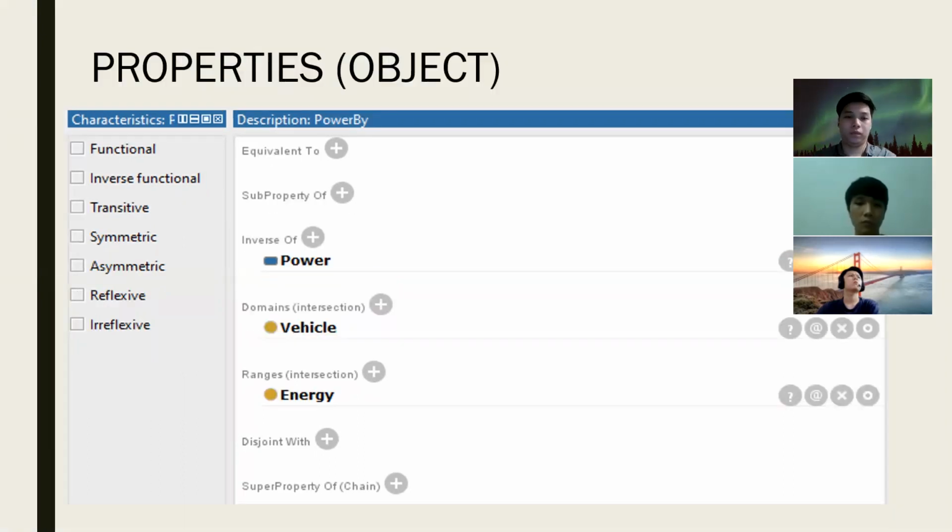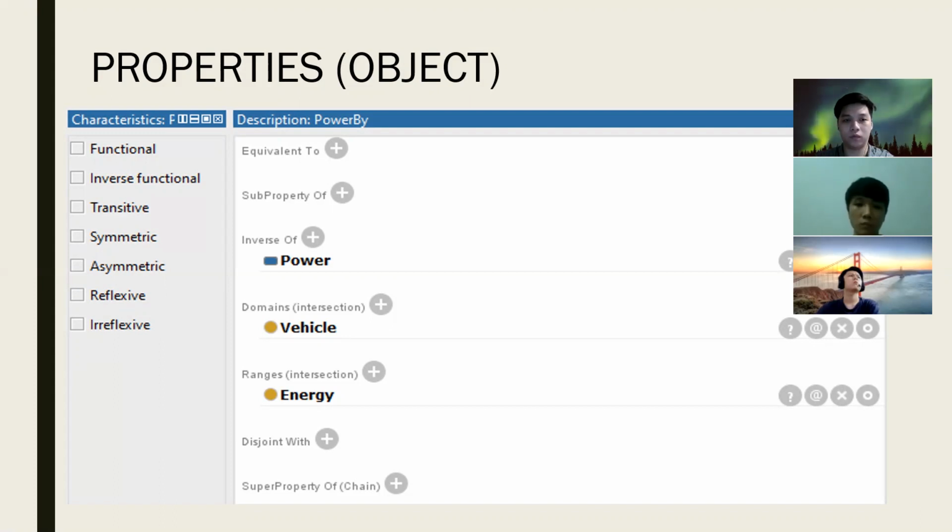The fourth one is powered by. This object property is to define the energy to power up the vehicle. The domain would be vehicle and the range is energy. Therefore, different vehicles have different energy powered by. For example, some vehicles can be powered by both diesel and petrol.